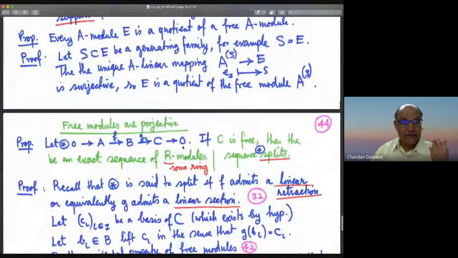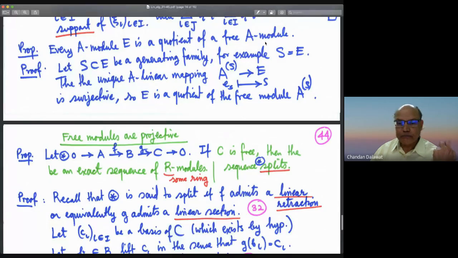And here is something which is worth remembering, that every A module E can be written as a quotient of a free A module. How do I do it? Of course, every A module has a generating family. For example, I could take S to be equal to E itself.